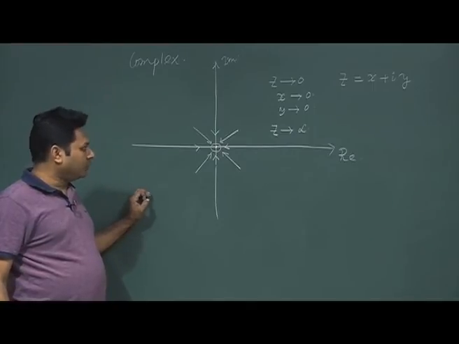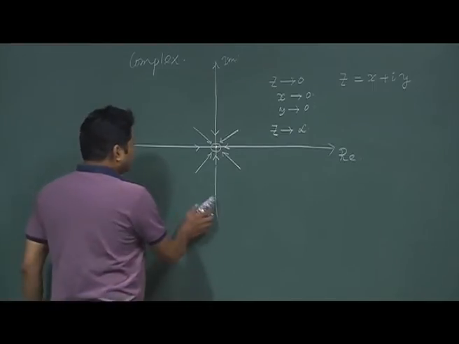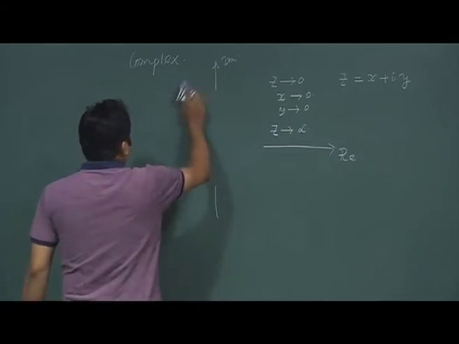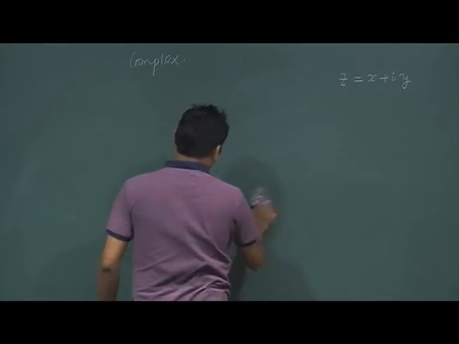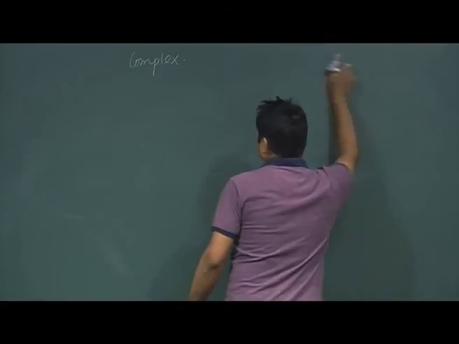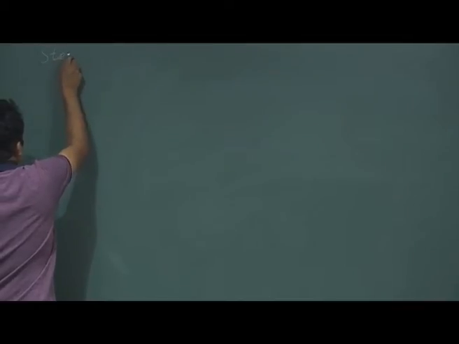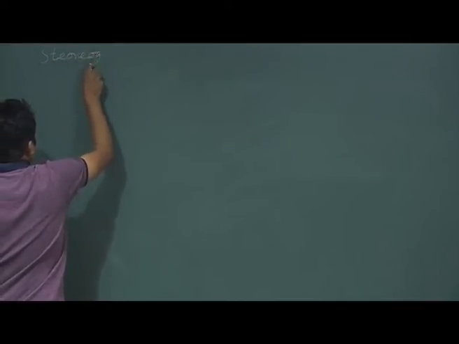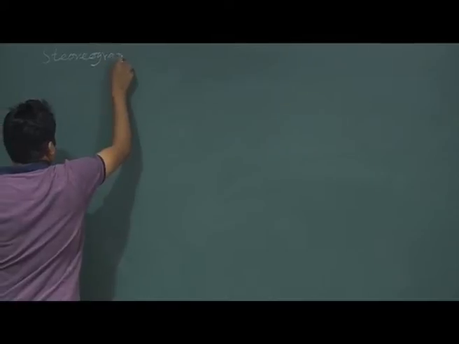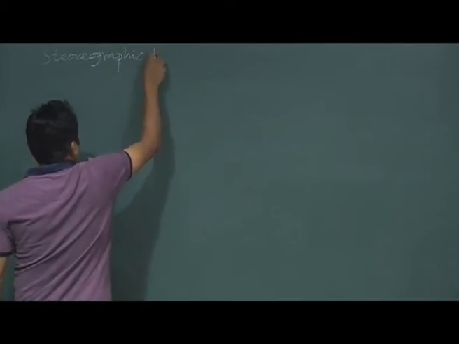So, in order to reduce this ambiguity, there is something we normally do. Let us do that very briefly, which is called stereographic projection.